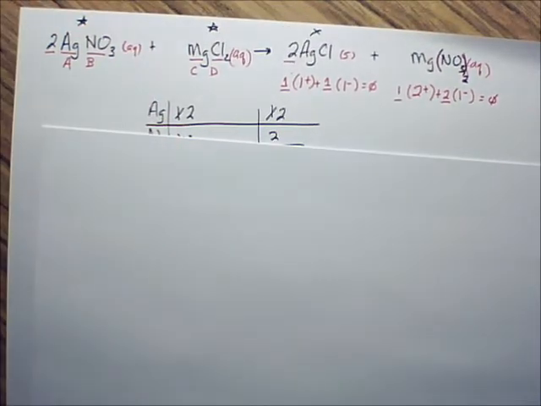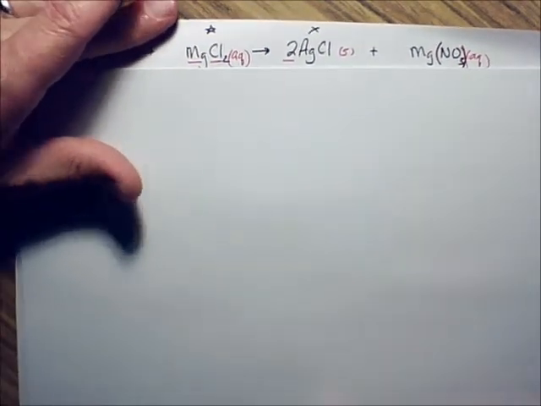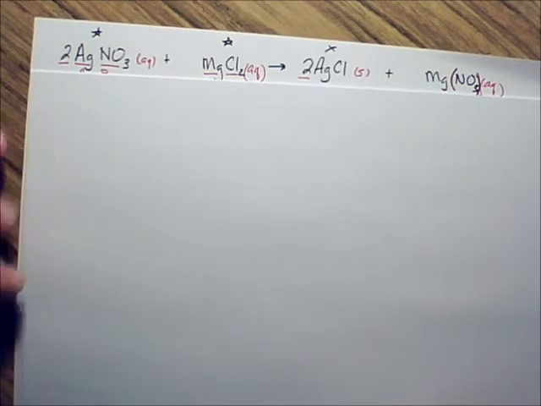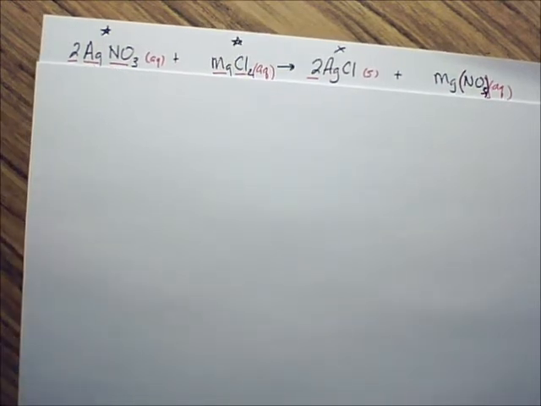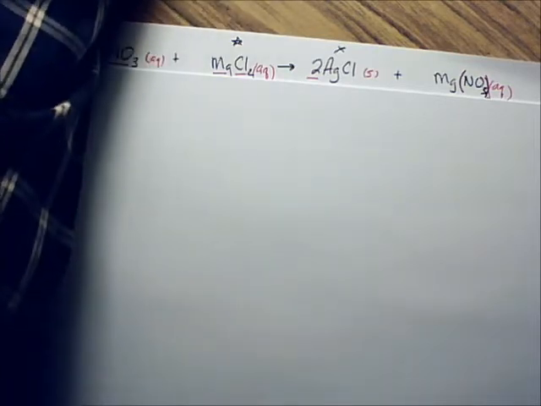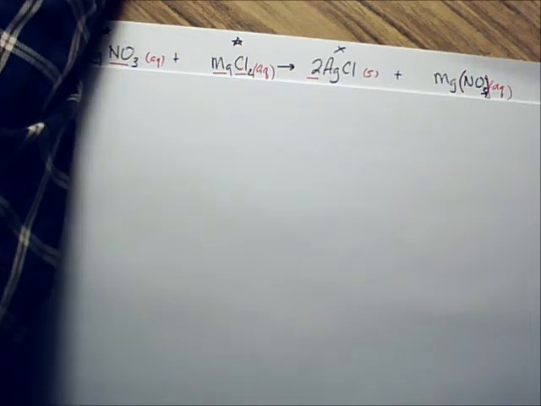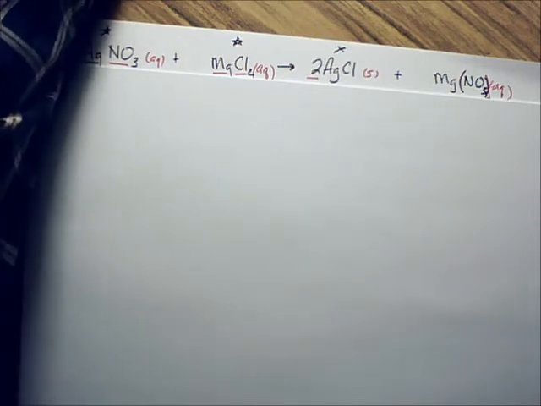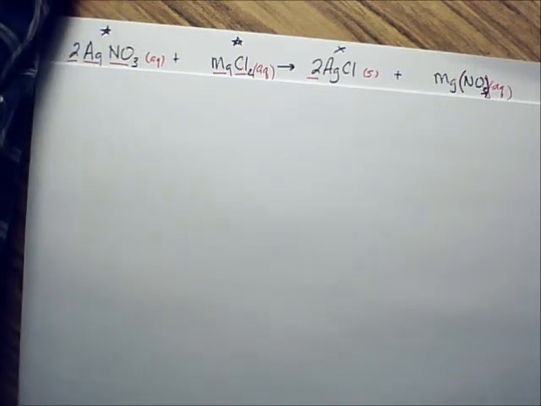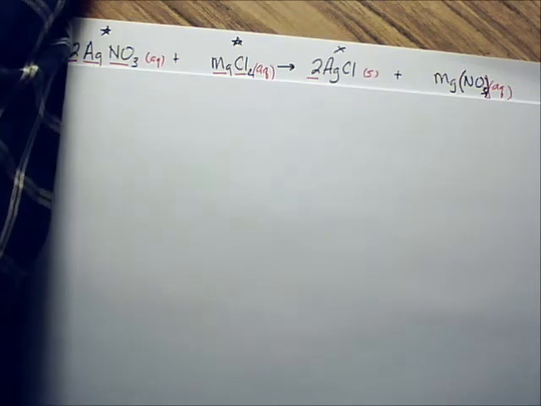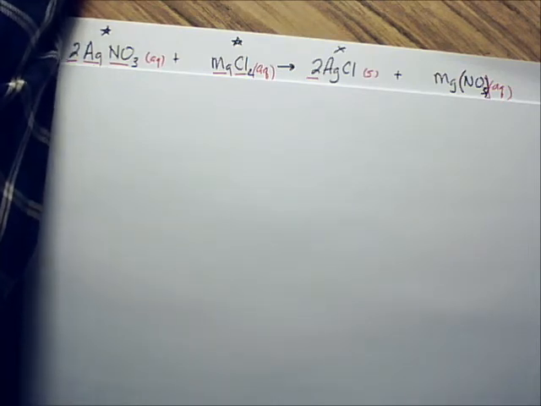So now let's go back and try to write a complete ionic equation. Let's make a complete ionic equation. So if you haven't written that equation down, write it down on your paper and let's work through this, okay?